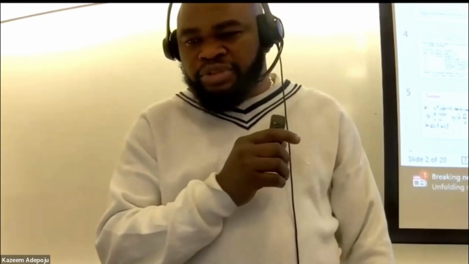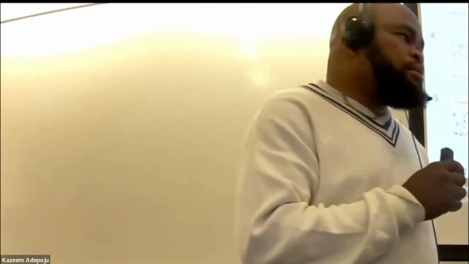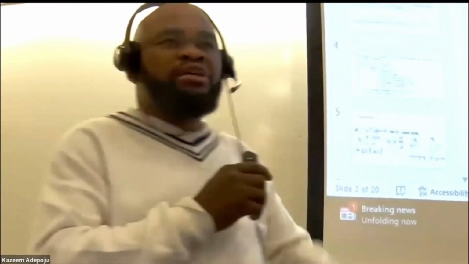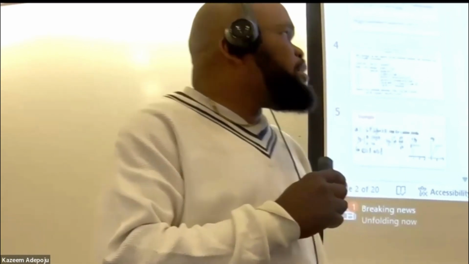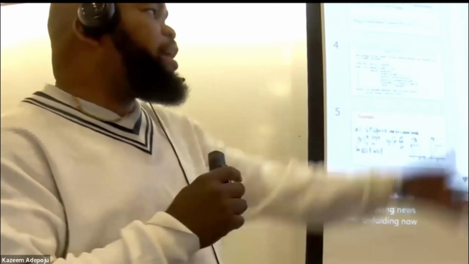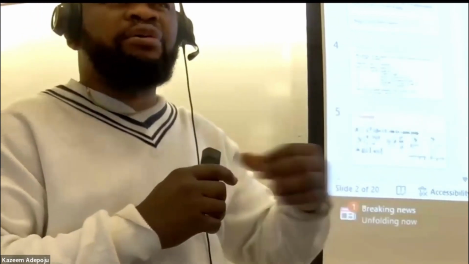So today, the common estimators we're going to be working on are the sample mean, sample proportion, difference of means, and difference of proportions. These are common estimators that we use.